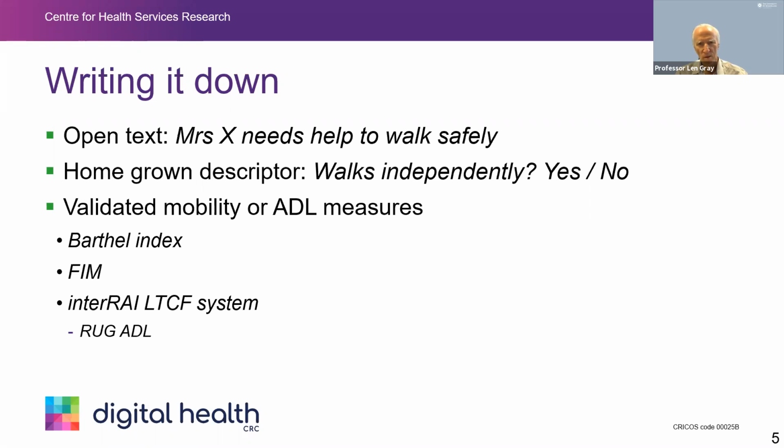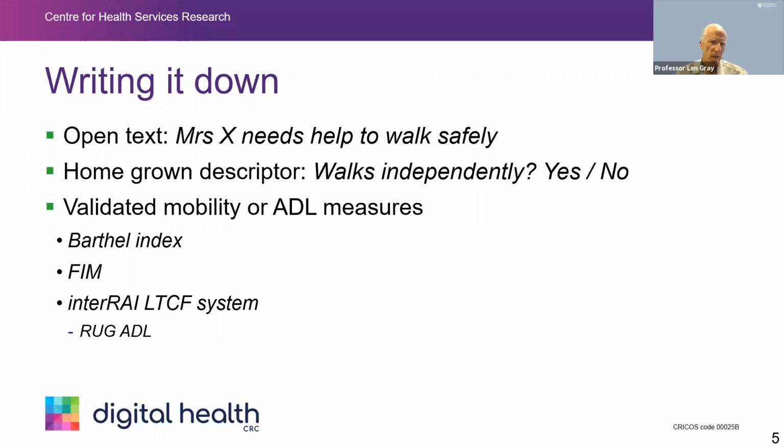But as soon as you want to describe it somewhere else, you need to somehow categorise it. So often folks will describe this as a dichotomous phenomenon, walks independently, yes or no, and you'll see this in record systems all over the place. There'll be a box to check that the person can walk. The level of granularity of that descriptor will be highly variable, and the way it's characterised will also be very variable amongst homegrown descriptors.